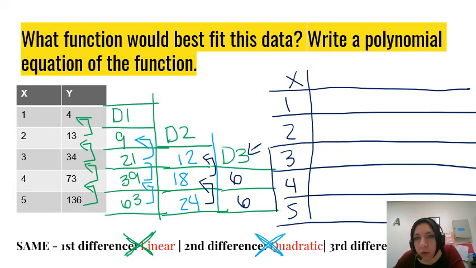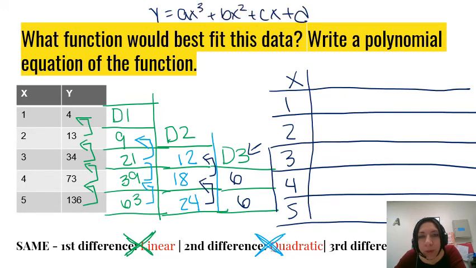Okay, you need to keep your general form in mind, which was ax to the third plus bx squared plus cx plus d. You're going to substitute each one of these values inside this equation. So when I plug in 1 for x, I get 1 to the third times a, which just gives me a, plus 1 squared times b gives me b, plus 1 times c gives me c, plus d.